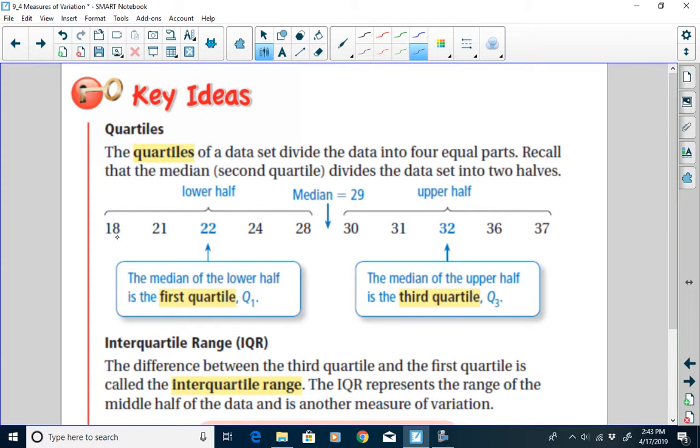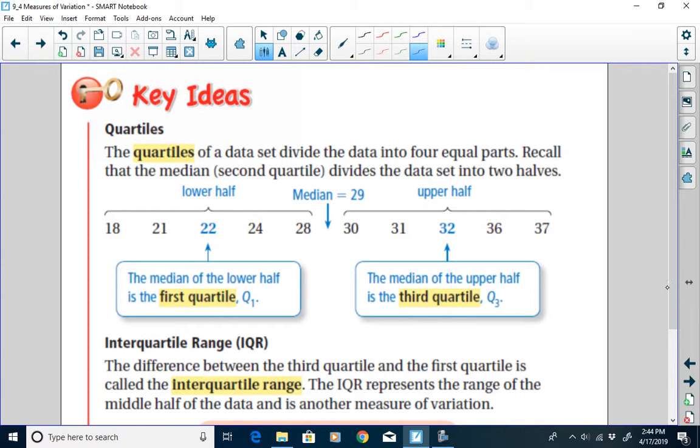But that median of 29 splits the data into the lower half of the data and the upper half of the data. In order to find the interquartile range, we need the median of the lower half of data. That's called our first quartile, or the lower quartile, or Q1. And we also need the median of the upper half of data, which is called the upper quartile, or third quartile, or Q3.